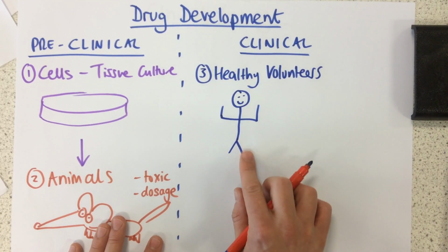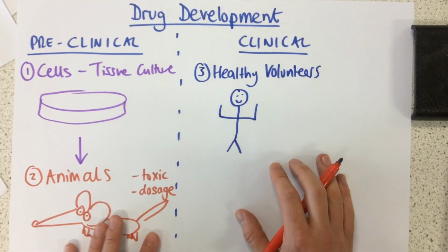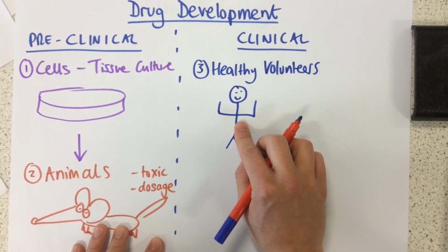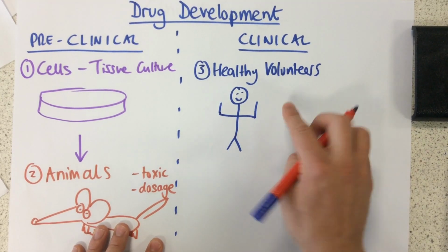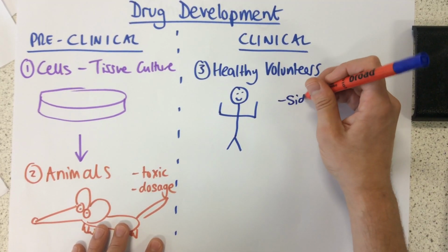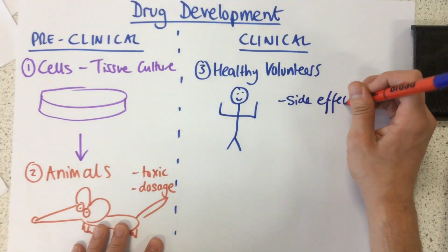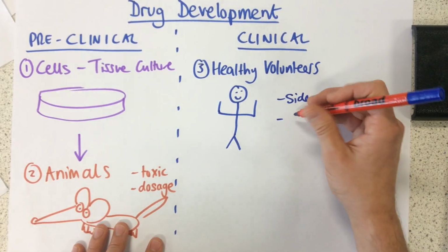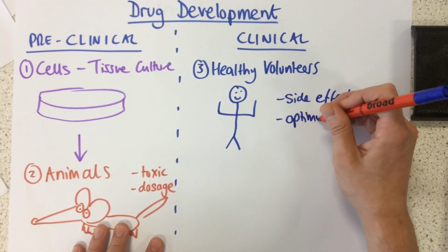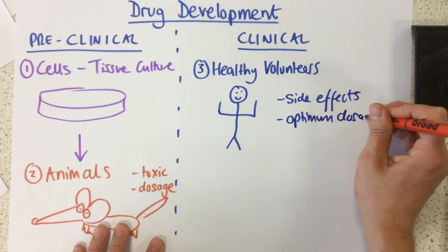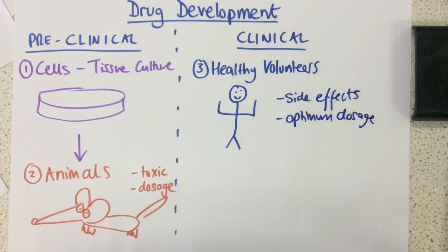Secondly, if the person's ill, it would be difficult to tell if the side effects are caused by the drug or by their illness. So the point of testing in healthy volunteers is in order to find any side effects, and also to find the optimum dosage, the dose of that drug where it works the best.